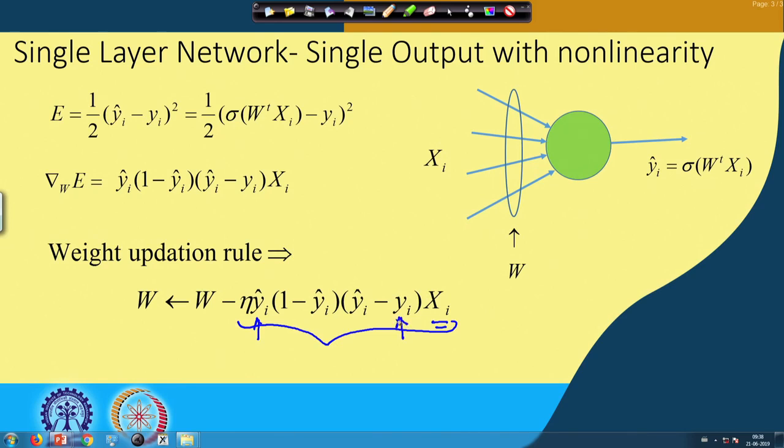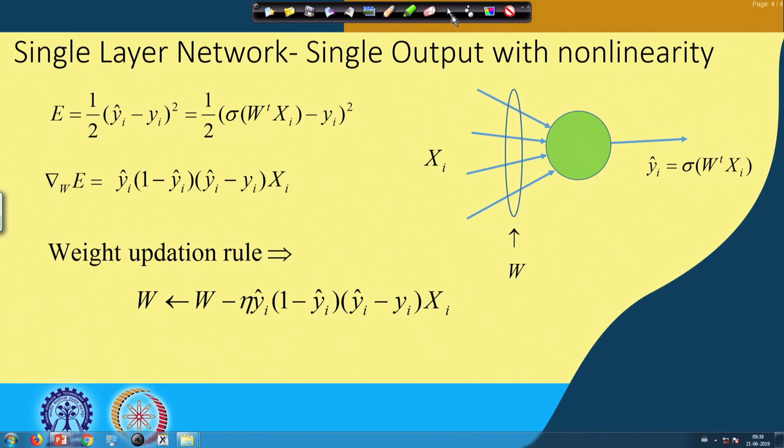It is the class index of the class to which x_i belongs. So this is what we obtained for a single output with nonlinearity, where the nonlinearity was a sigmoidal function.